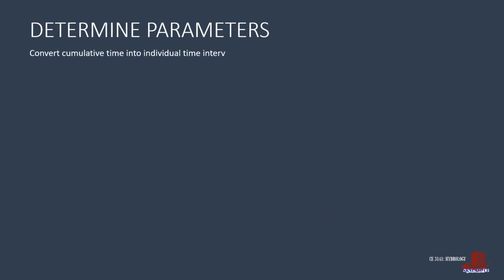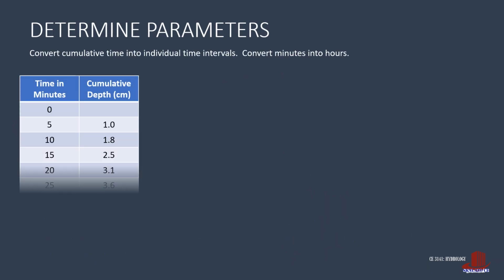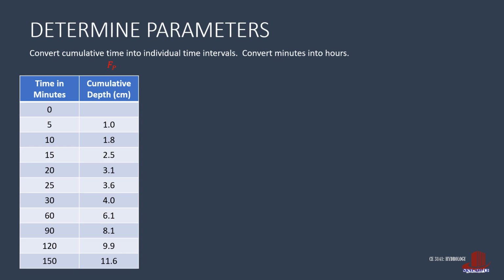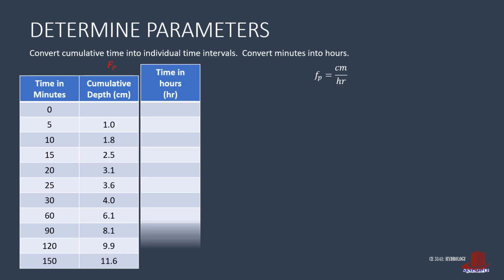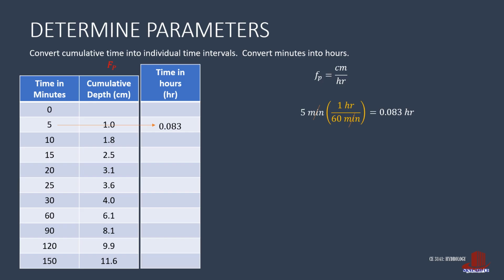Recall that Fp is in centimeters per hour. With the depth already in increments, do the same with time. First, convert time to hours by dividing the first column by 60. 5 minutes is 0.083 hour. 10 minutes is 0.167. 15 minutes is converted as 0.25 hour. 20 minutes is 0.333.